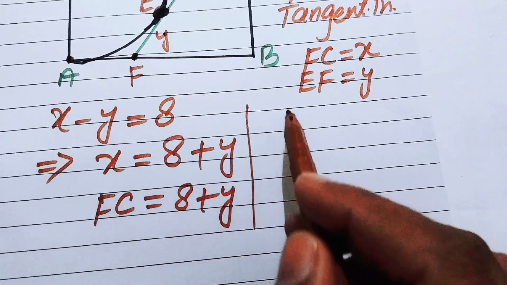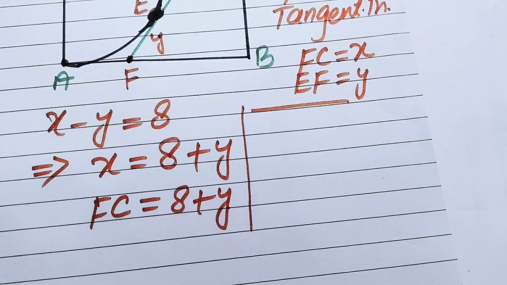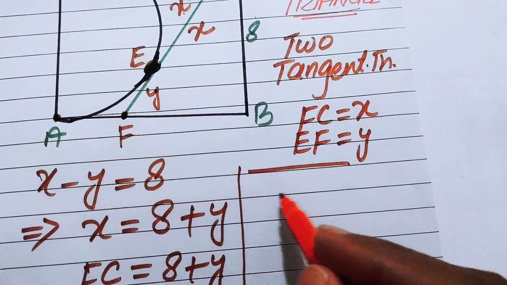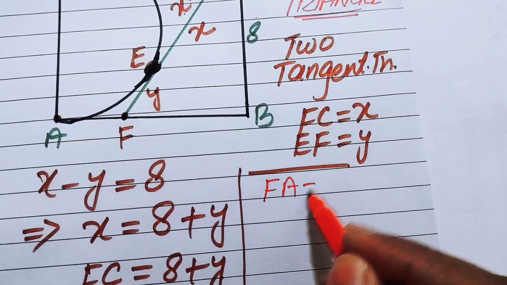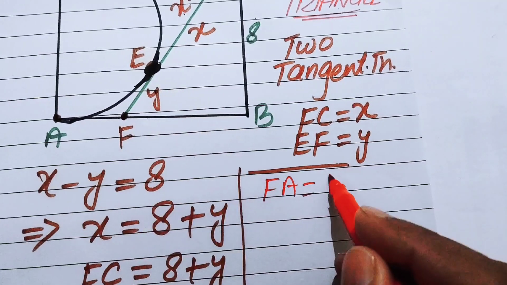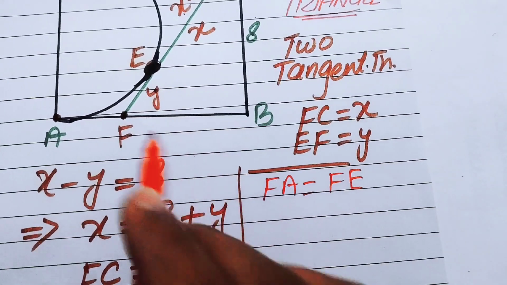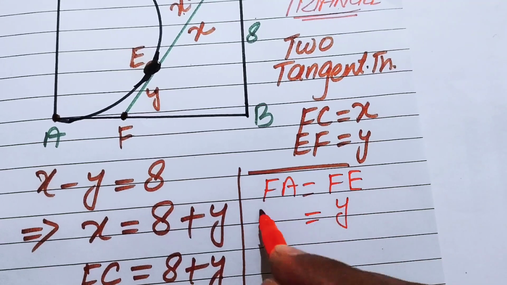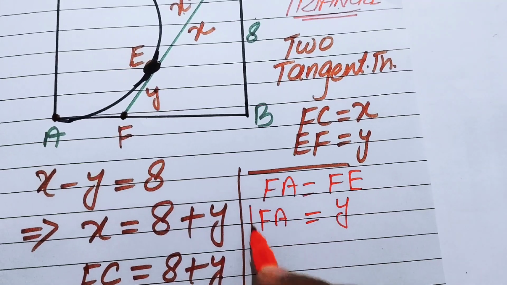So according to the two tangent theorem, the length of FA equals the length of FE, but the length of FE is y, so it means that the length of FA is also y.